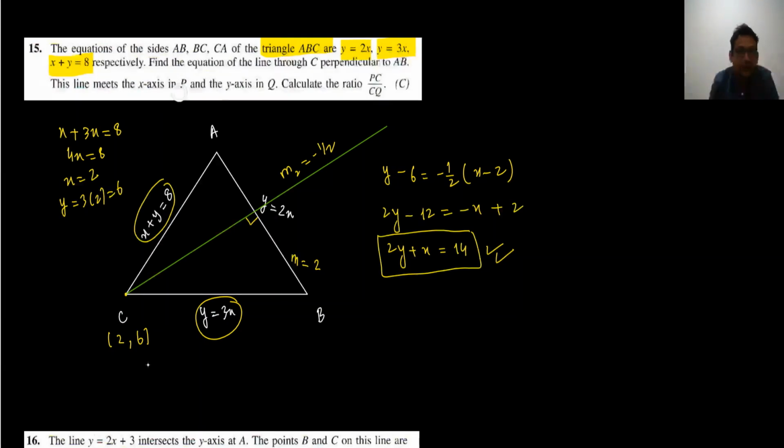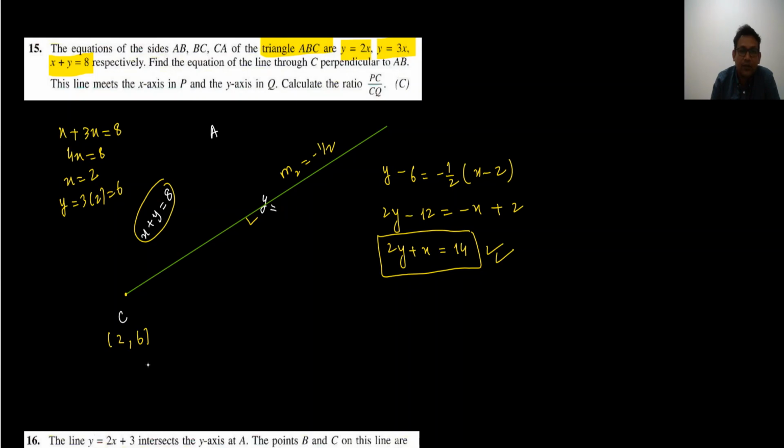the x-axis at point P. So it means we do not need anything now. Just to explain how we can work on it now, this line intersects the x-axis and y-axis, so we need the axis here to explain.